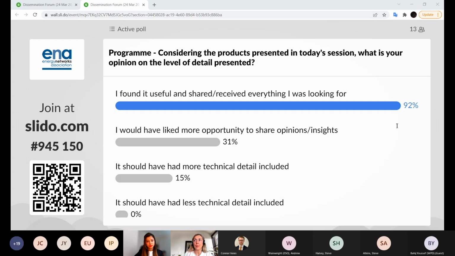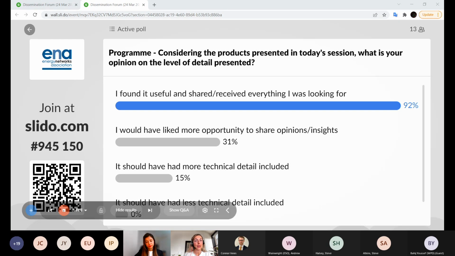Farina might be able to confirm this, but we might also be able to leave an open form at the end of the session, so if people do want to give a bit more detailed feedback, they can. And as always, our email address, opennetworks@energynetworks.org, is the right one to be emailing if you've got any additional thoughts.